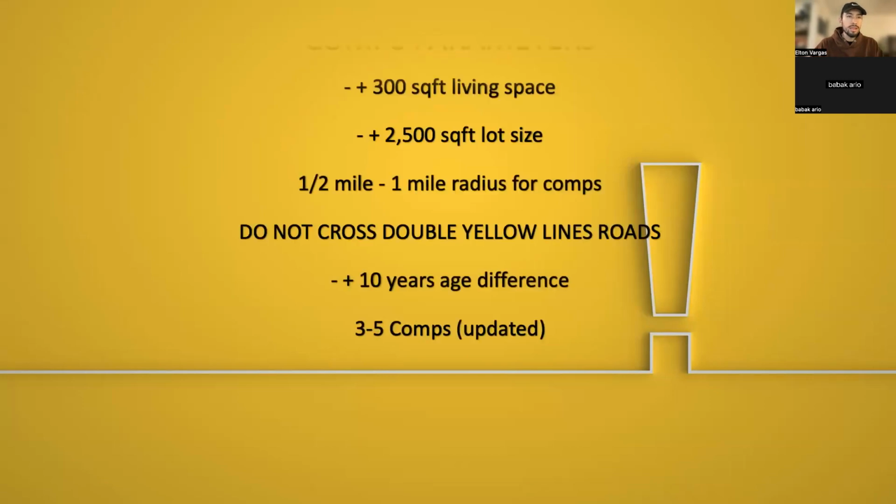Parameters are basically restrictions, a list of things you restrict yourself to, to make sure that when you're looking for similar homes, you're finding something local, comparing apples to apples, and of course that you're able to find at least three of them. But first things first, it could be the living space.